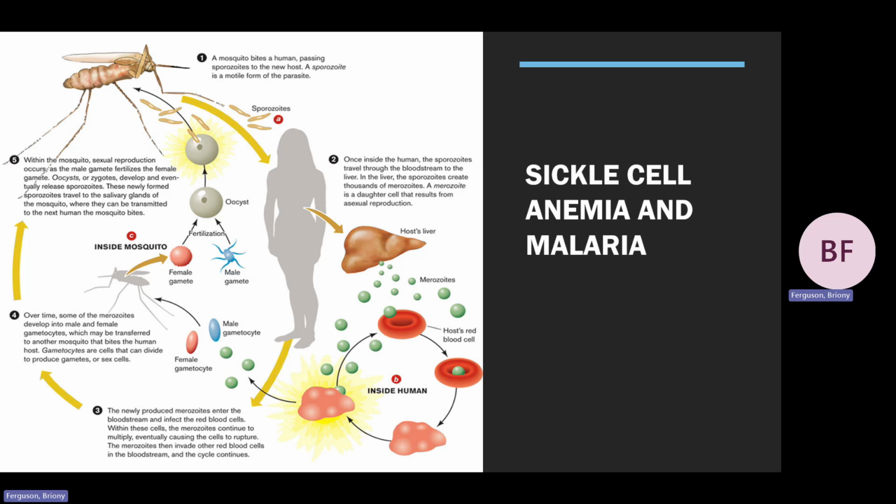Eventually, some of these will end up developing into males and females, which can then transfer to other mosquitoes that bite humans. And then it just becomes a very vicious cycle, which is also why malaria is very hard to eradicate in areas that have high rates of it.